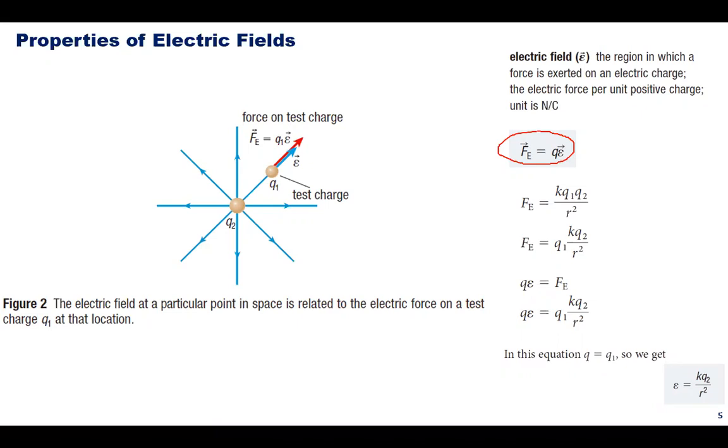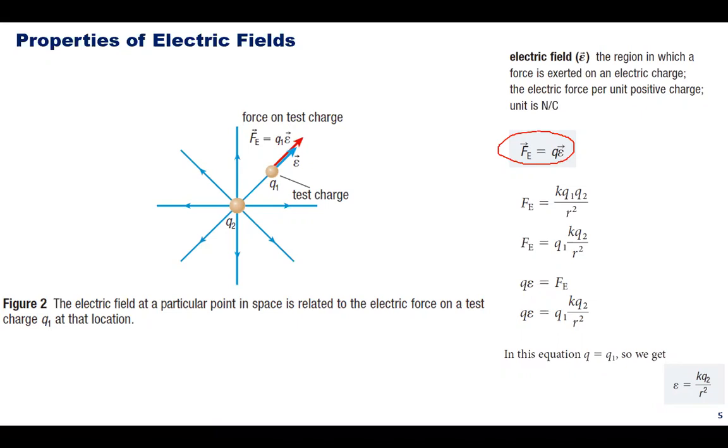The electric field epsilon also relates to Coulomb's law for electric force. Coulomb's law allows us to calculate the electric field using the amount of charge that produces a field, Q2, and the distance of the field from the charge, which is usually denoted by R. As an example, calculate the magnitude of the electric field at a distance R from a charge Q2.